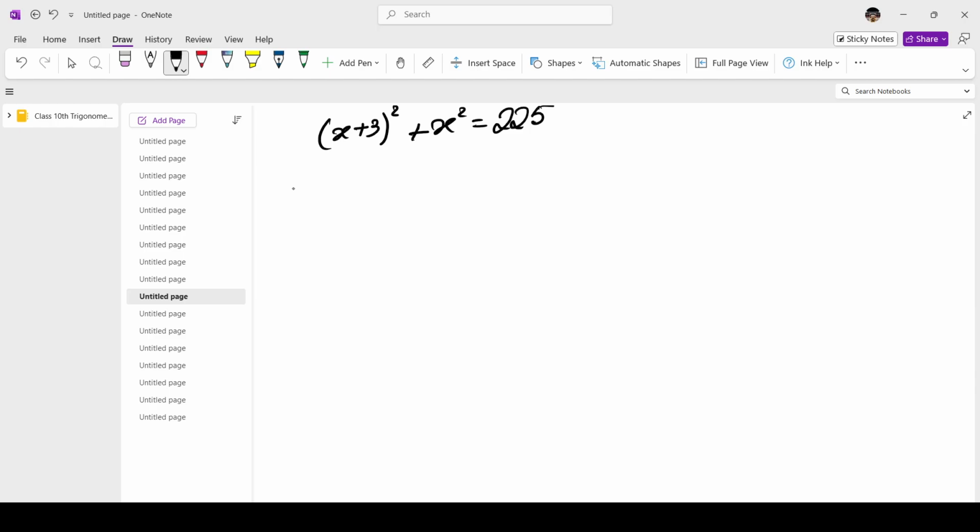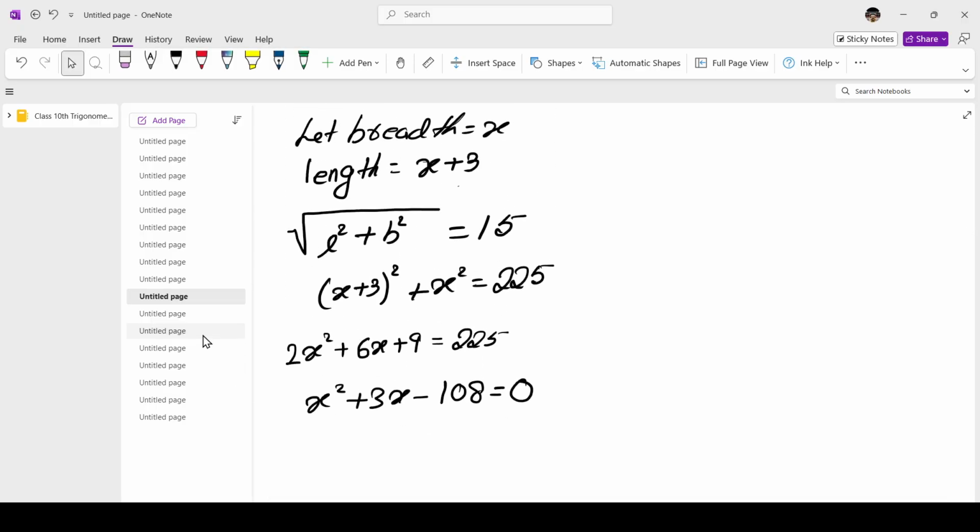After solving it this will become 2x square plus 6x plus 22. After taking the common this will become 9 and 0 into 0. Okay, now let's go to the next question.